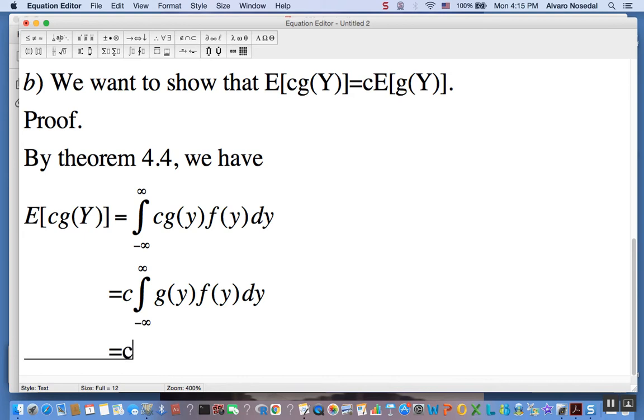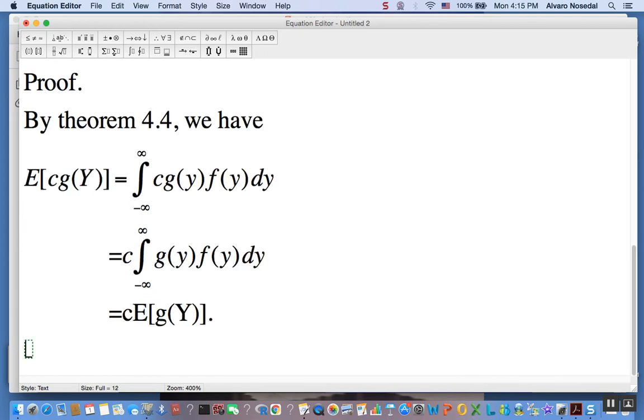So c times expected value of g of y. So we're done. That's what we wanted to show.